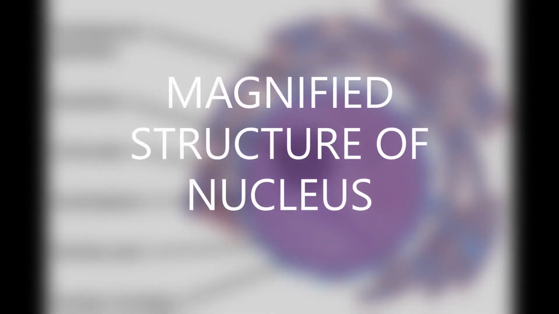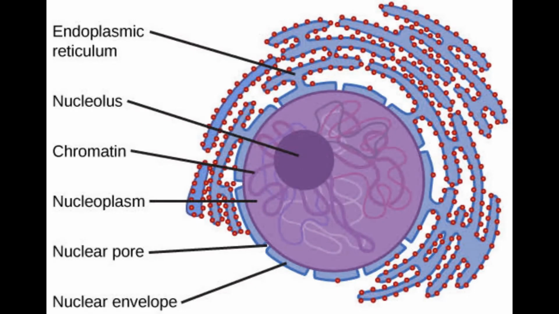Now we'll see the zoomed structure, or ultra structure, or fine structure of the nucleus. So this is the magnified structure of the nucleus. First you see the internal part of the nucleus.